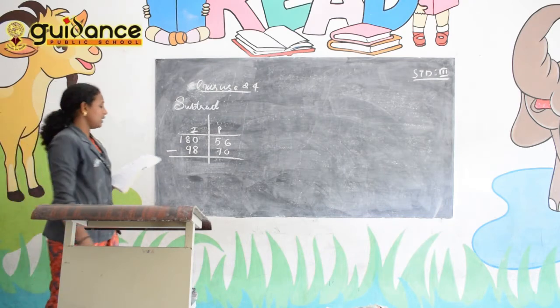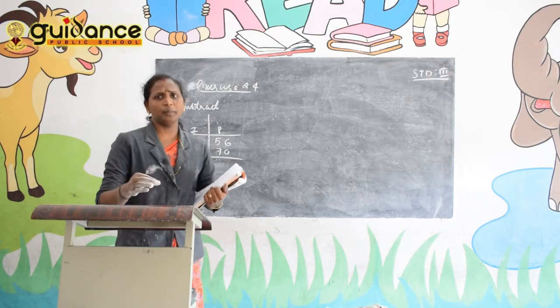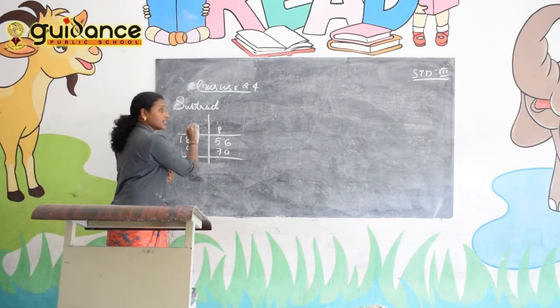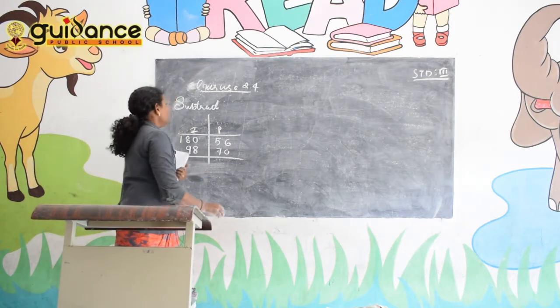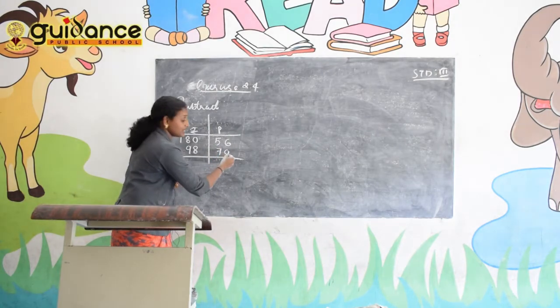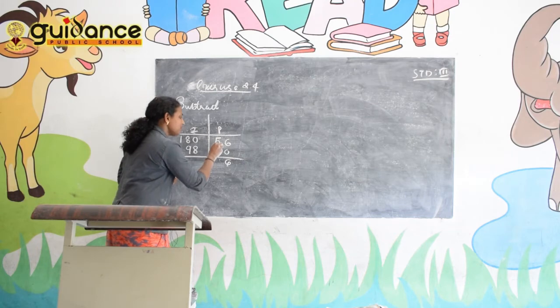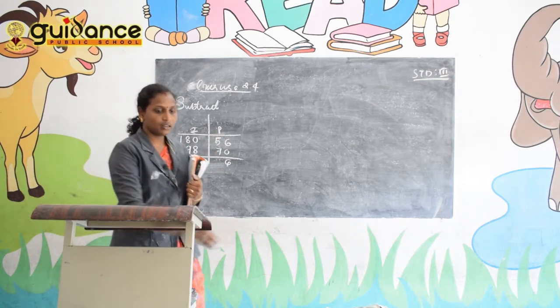Subtract means subtract like the ordinary number. First we have to write the units on the top. Then the numbers are arranged. Okay. Then next, 6 minus 0. Yes, 6. Then 5 minus 7.